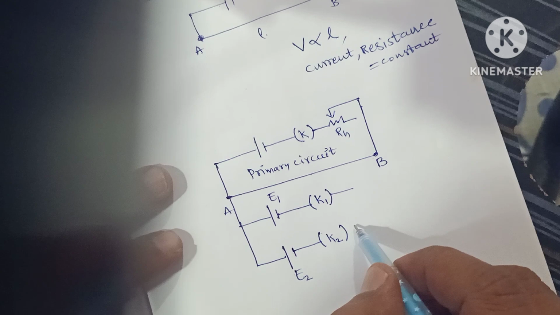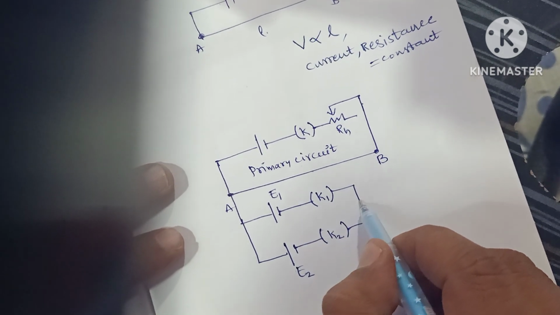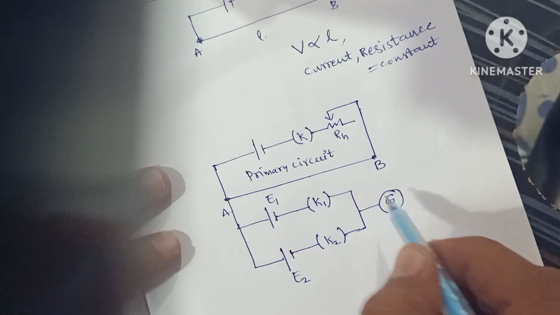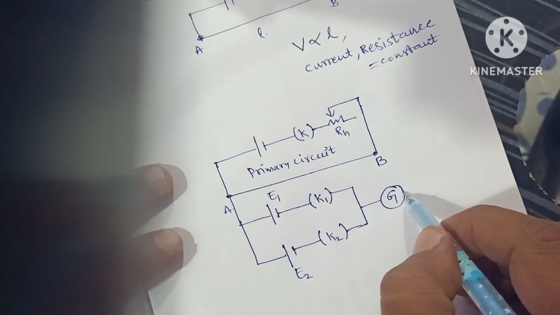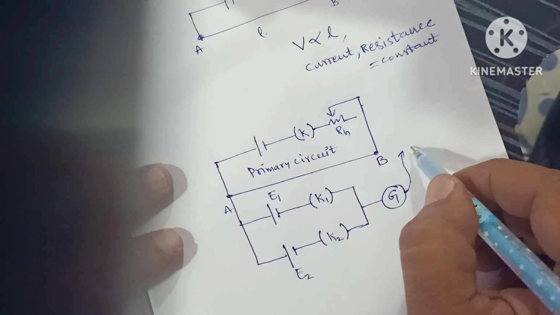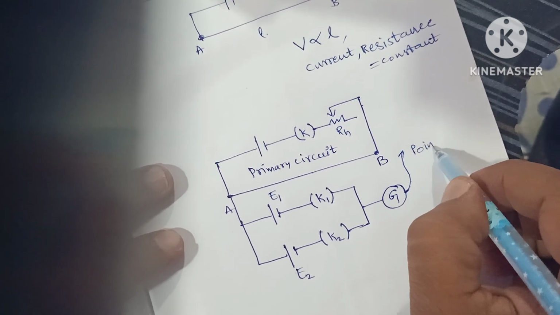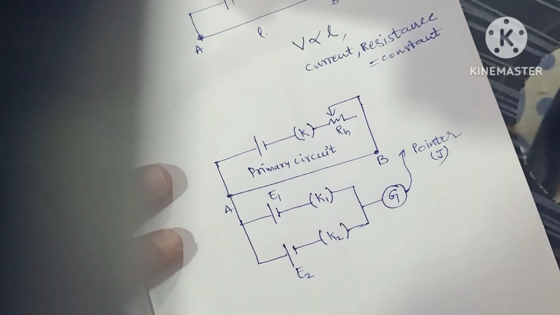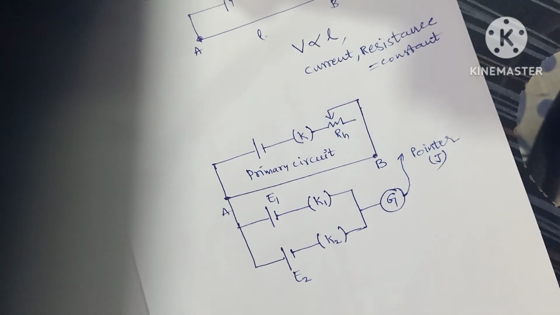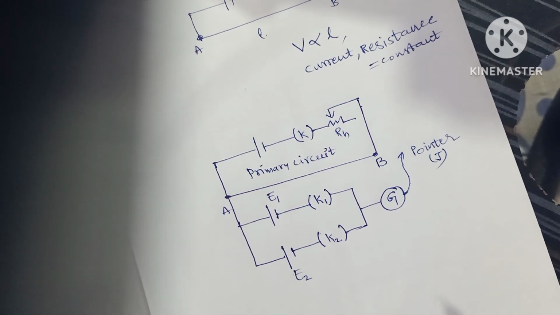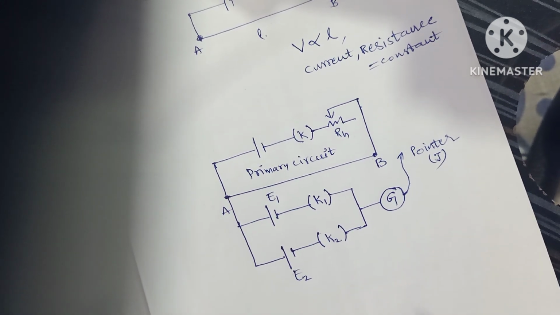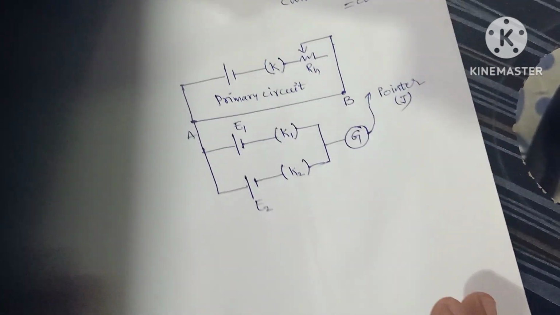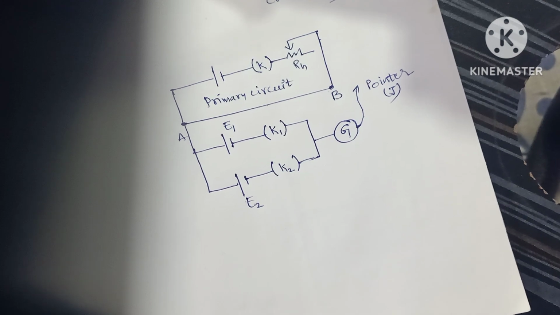From the other terminals of the keys, both together are given to a galvanometer, and from the galvanometer a pointer is connected. We call it the jockey, J. This is the simple circuit required to compare the EMF of two primary cells by using the principle of potentiometer. Now we'll see the working, or the procedure.